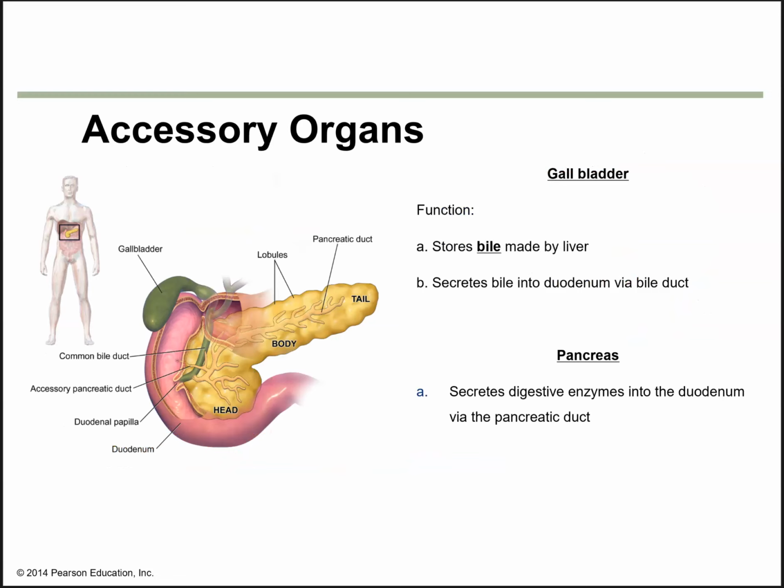Now, the other accessory organs are the gallbladder and the pancreas. The gallbladder sits right under the liver. The main function of the gallbladder is to store bile that is made by the liver, and it secretes bile into the duodenum via the bile duct.